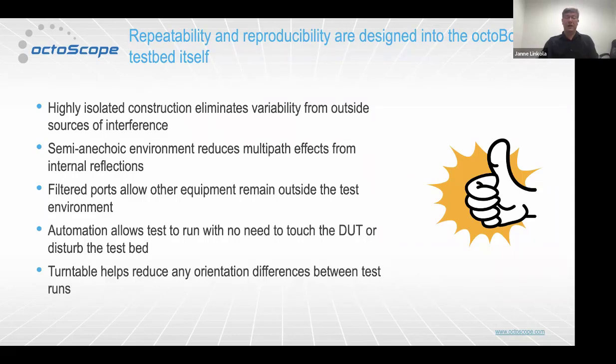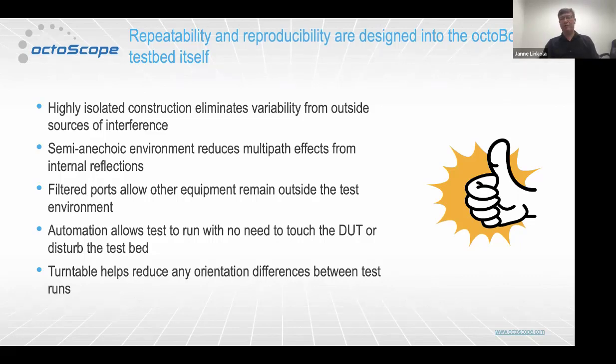In the Octobox case, we're using highly isolated construction. This eliminates any kind of variability from the outside. We're using RF absorbing foam inside the chamber to create a semi-anechoic environment. It basically reduces the multi-path effects to almost nothing.